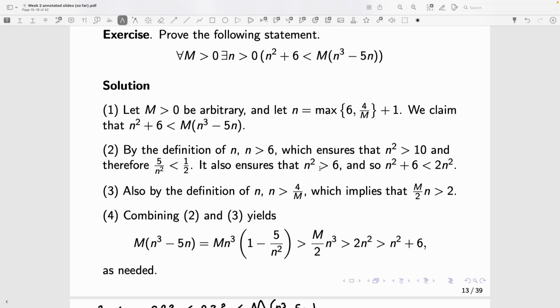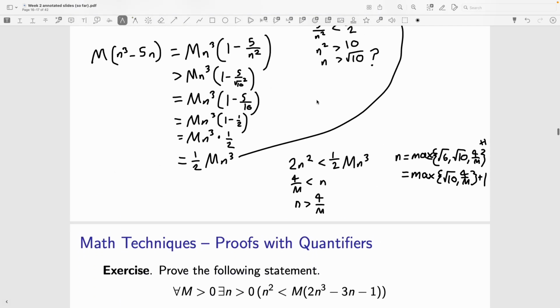Where did the plus 1 come from after the max function? Good question. That's because I sort of skipped a step here. We want n is greater than max, this is a bit redundant, I think you already know what I'm saying, or, oh, running out of space again.